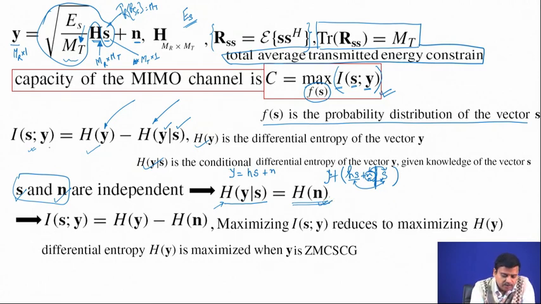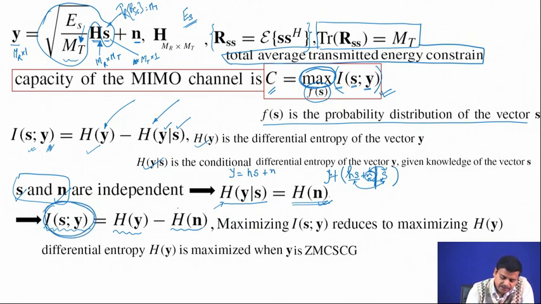Now, we get back to the original equation, that is this one. So, we have I(S;Y), which is the mutual information between transmit and receive signal, can be expressed as H(Y) minus H(N), where H indicates the differential entropy of the received signal and the differential entropy of noise. So, now if we see the capacity expression, it is maximization of the mutual information, right. That means maximization of this term.